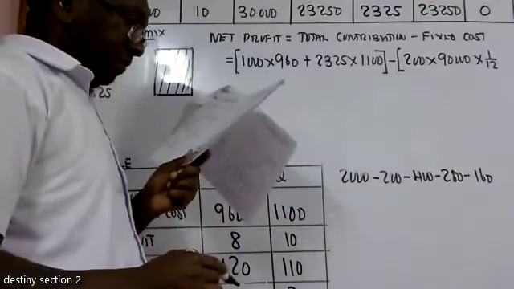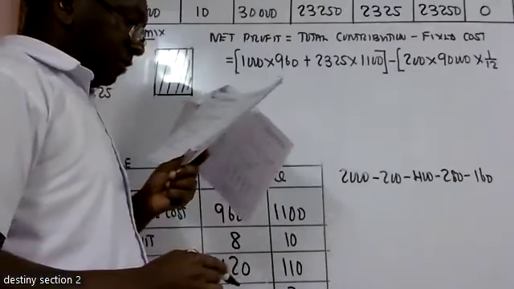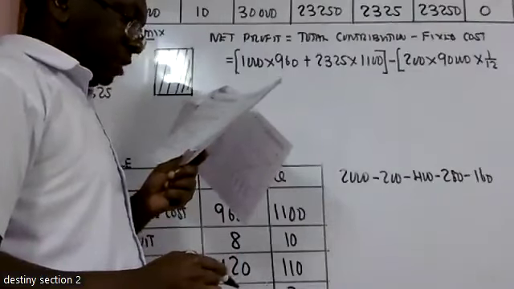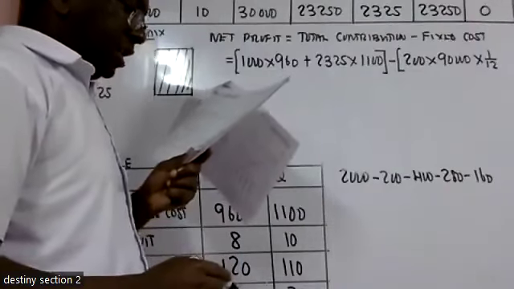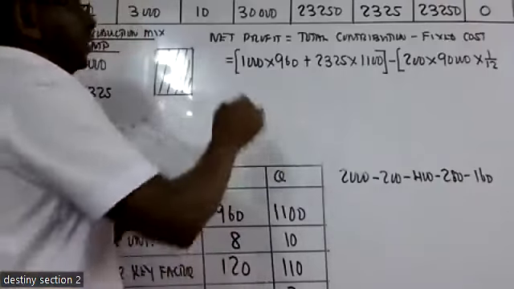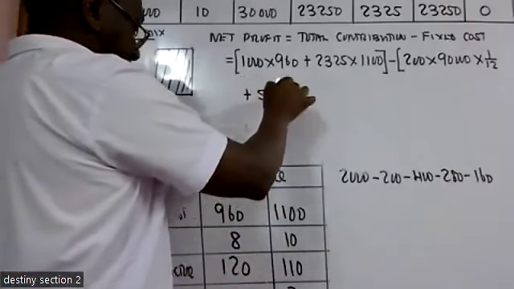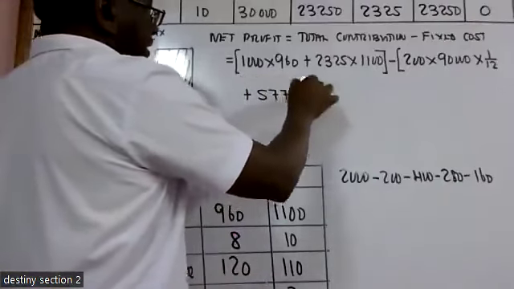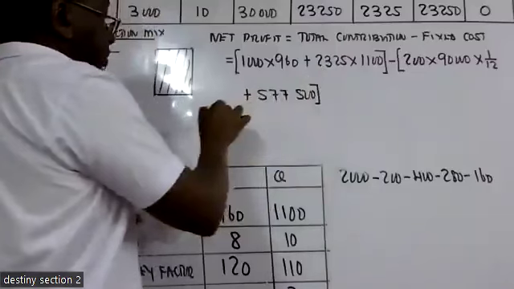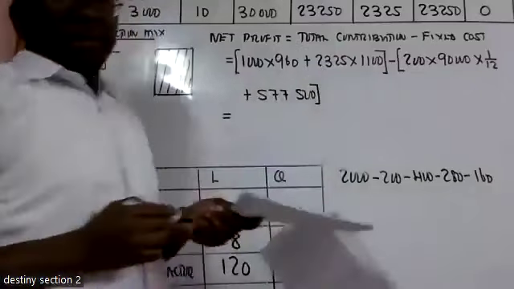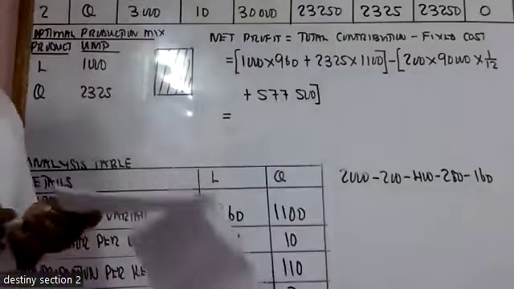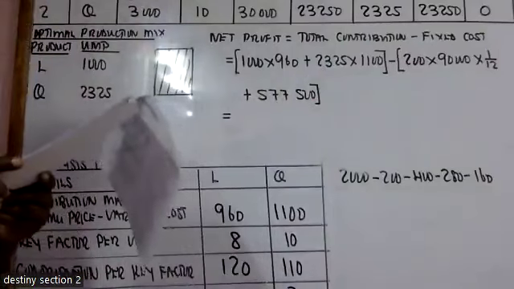Information 2 inasema, in addition to the above costs, non-production overhead costs are expected to be 577,500. Those are the 2 components of fixed costs. So work them out and tell me the answer.